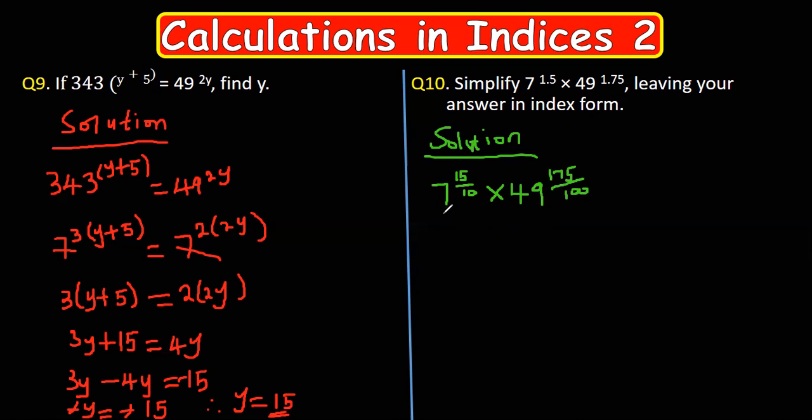Then the next step is to convert the bases into the same thing. Since the lowest base is 7, and here is 49, we change the base 49 to 7 too.